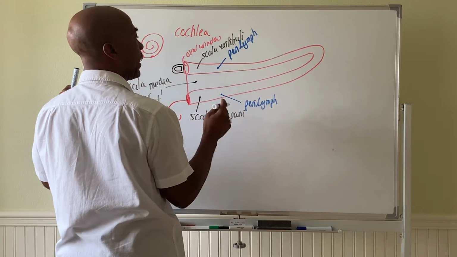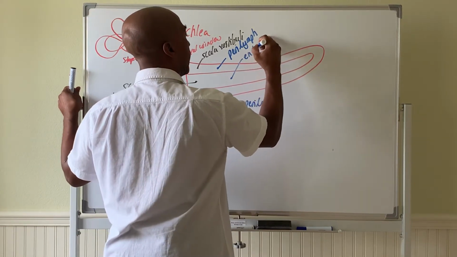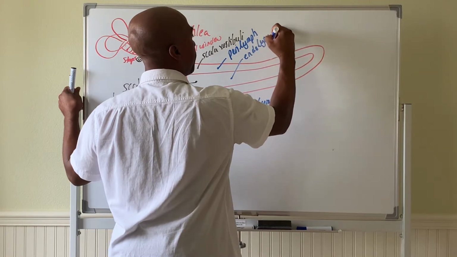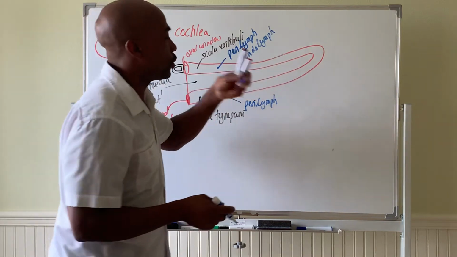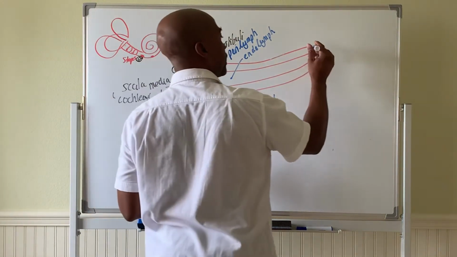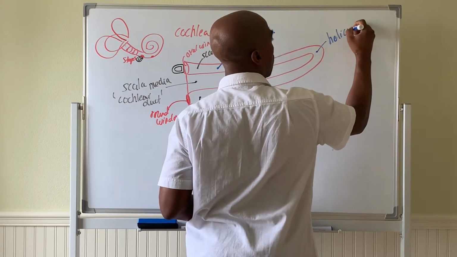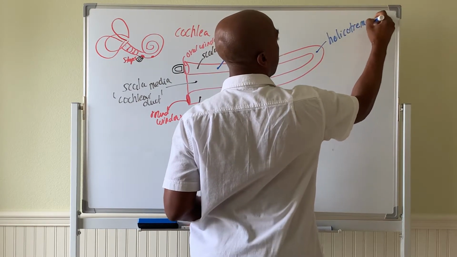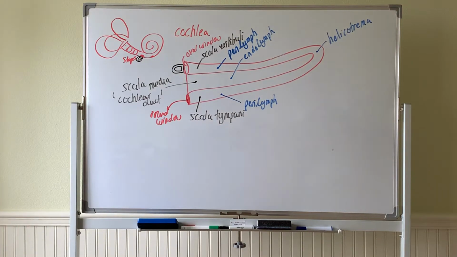And the fluid in the middle chamber, the scala media, is endolymph. And the outer chambers are connected by a passageway here. This part is called your helicotrema. So 3 scalas with perilymph and endolymph.